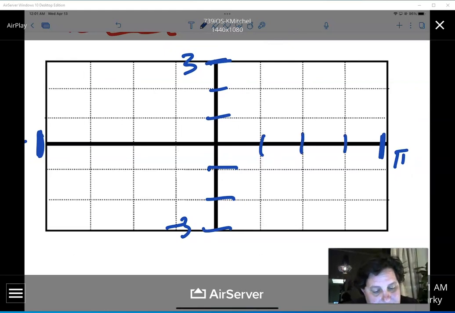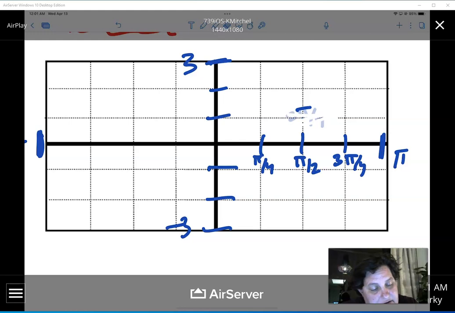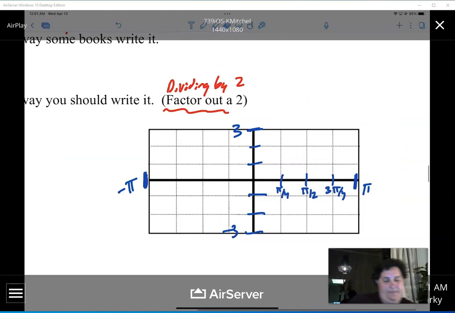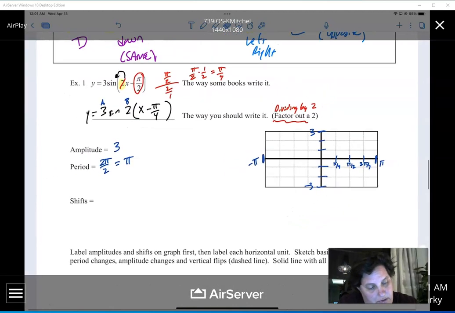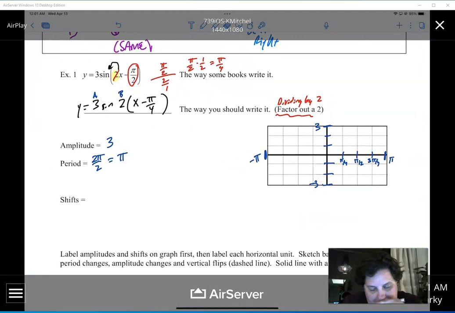I can do that in my head because that's pi over 4. So it's 1 pi over 4, 2 pi over 4, I can reduce that, 3 pi over 4, I can't reduce that, and then pi. Okay? Cool. You don't have to label the negative side if you label the positive side.